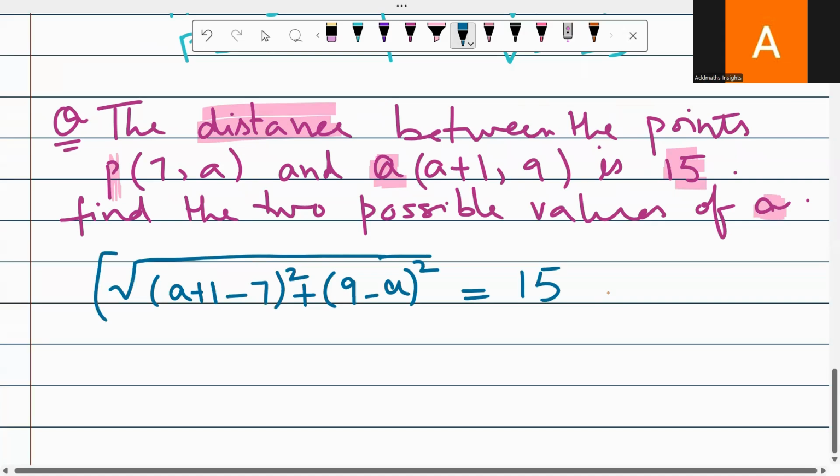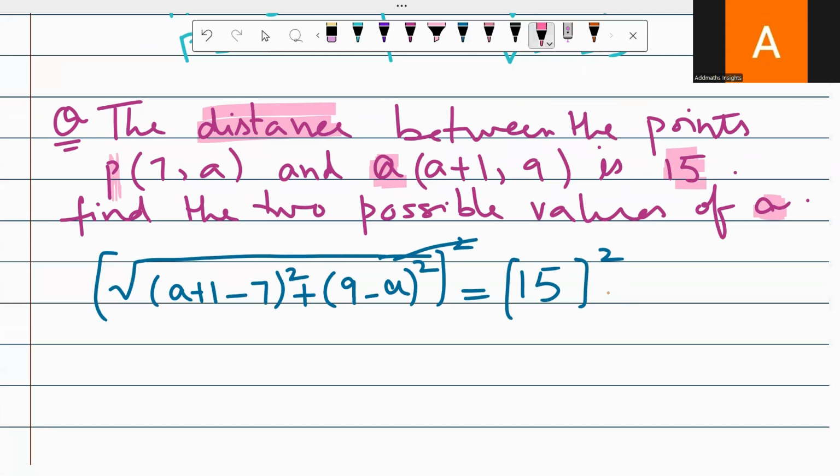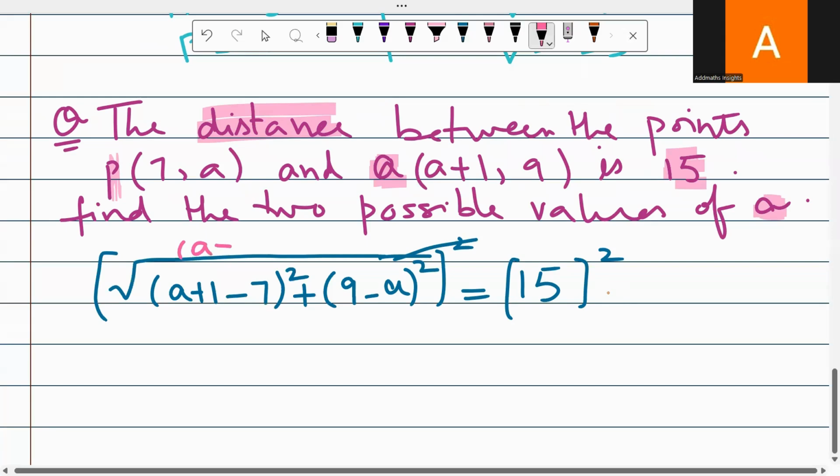So you can cancel out the square root by squaring both sides. Then you solve it. It becomes a plus 1 minus 7, which is a minus 6, whole square. Now you apply the identity and write a square minus 12a plus 36.